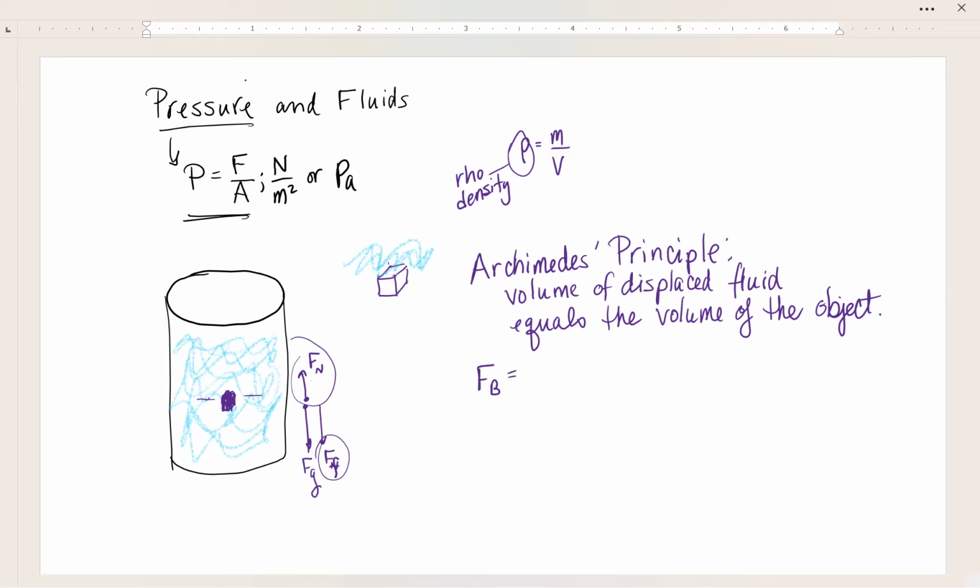The buoyant force is going to be equal to the mass of the displaced fluid times gravity. And this is called the buoyant force. And it comes straight from Archimedes' principle.